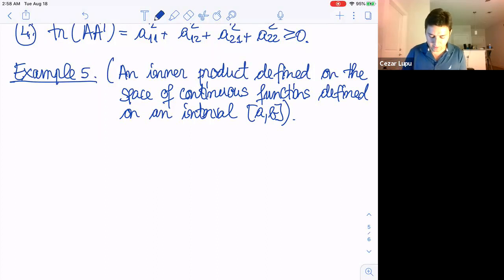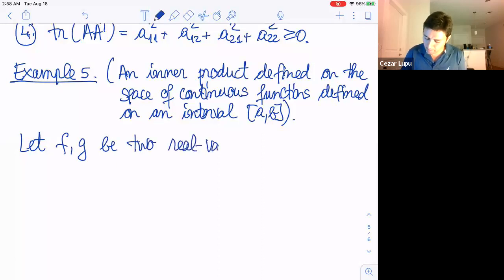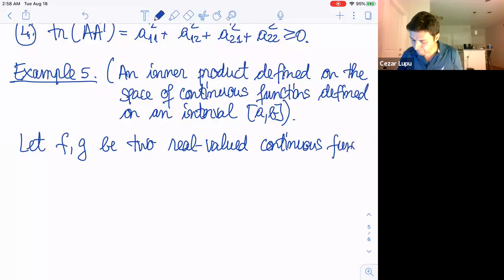So let's just write it explicitly. Let f and g be two real valued continuous functions in the vector space.